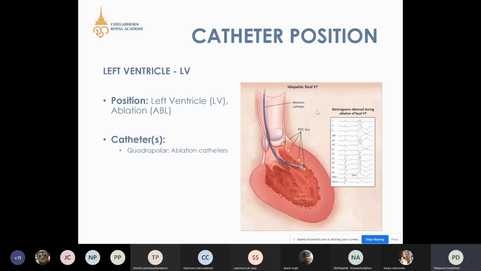If we want to see the activity in the left ventricle, we can see it from the CS catheter that can show you both atrial signal and ventricular signal. Okay.